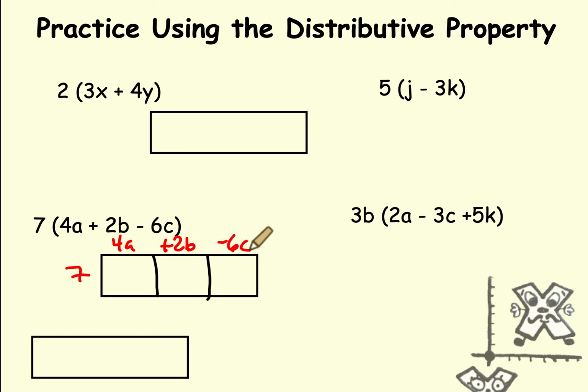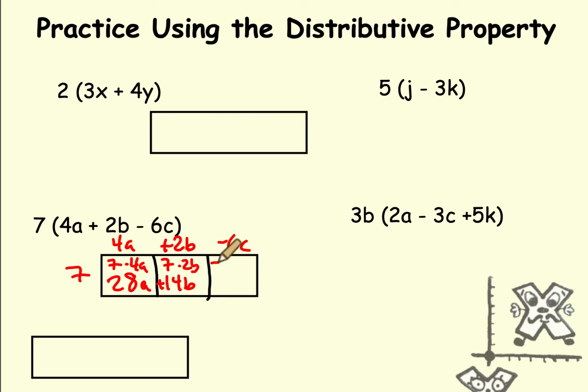So in the first box we have 7 times 4a. And remember, this is based on an area model. 7 times positive 2b gives me positive 14b. That's a positive, so it's a plus. And 7 times, technically it's a negative 6c, but we'll go ahead and call it minus.